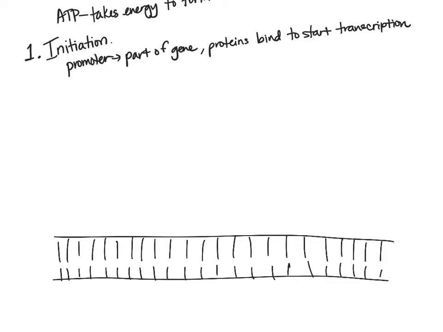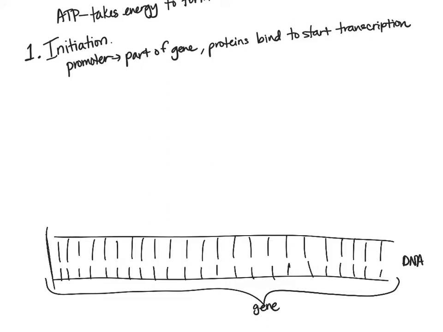All of these A's and T's and C's and G's, because we're talking about DNA. This would be our gene. Let's say this is the start here, and this is the end. Within that gene, a certain chunk of the nucleotides right here is the promoter region.